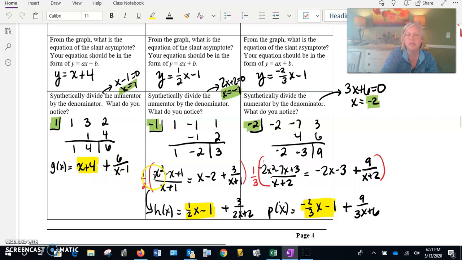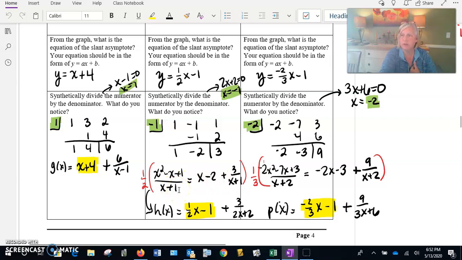And so what we see here, when we do this synthetic division, the weird thing is you have to recognize that you're really dividing by x plus 1. Even though I can use synthetic division when it's not a coefficient of 1, it is really just dividing by x plus 1 when I do this. So this part right here, where I have the quotient plus this fractional part, is when I divided by x plus 1.